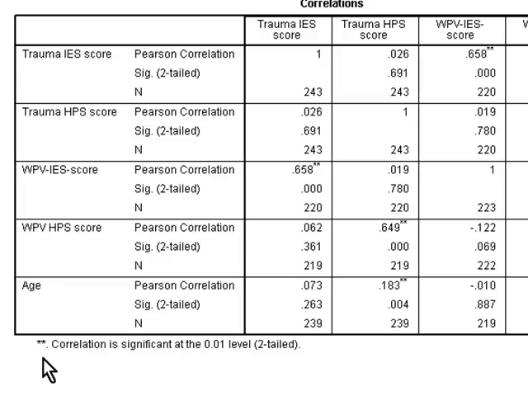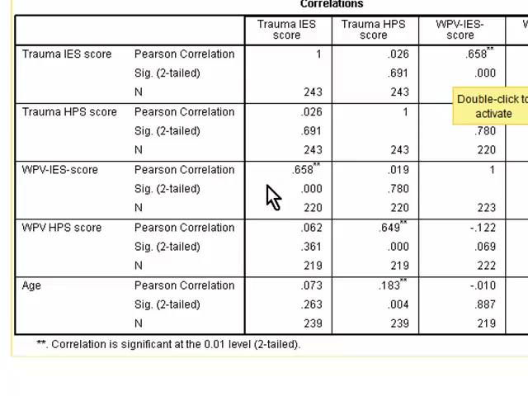Looking at this, what I can say is that as the workplace violence IES score goes up, there's a correlation approaching strong, a comparable increase in trauma IES. And again, we don't know which causes the other, because if we look at just the opposite, workplace violence going with trauma IES, we can't say that trauma IES causes workplace violence IES.